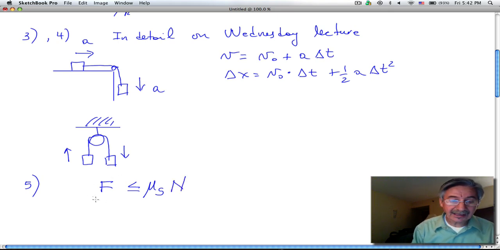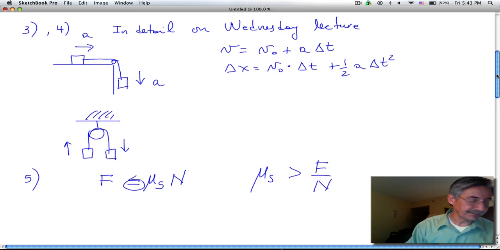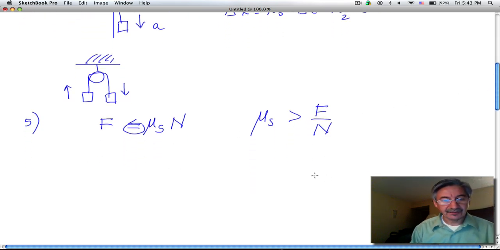So if you apply a force of this magnitude, and it refuses to move, it means that the coefficient of static friction is greater than that force divided by the normal force. And again, the force that you just needed to slide corresponds to this value. And if you need less force to have any motion, then you can calculate the coefficient of kinetic friction.